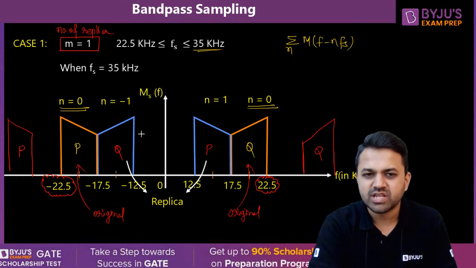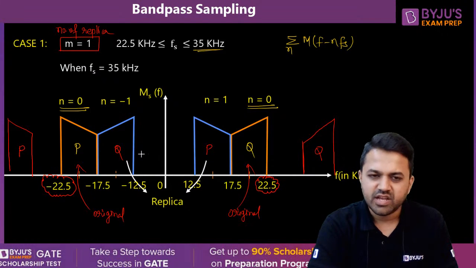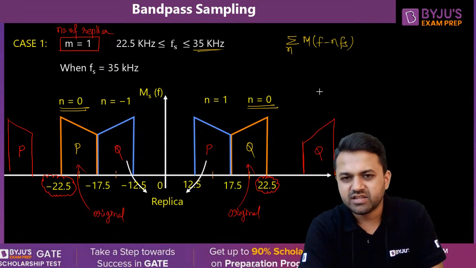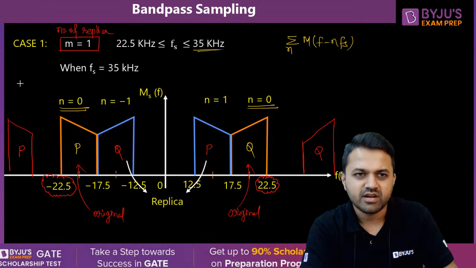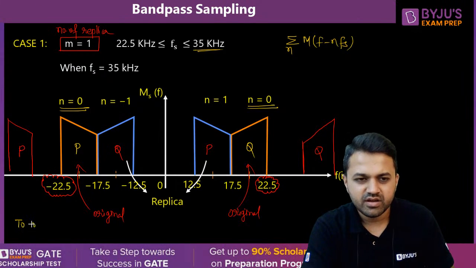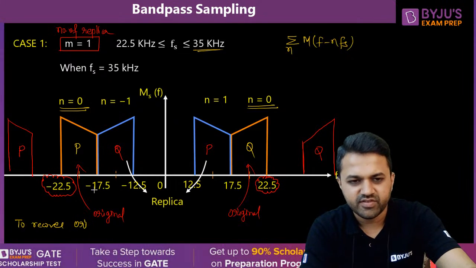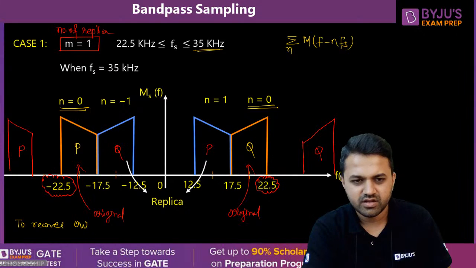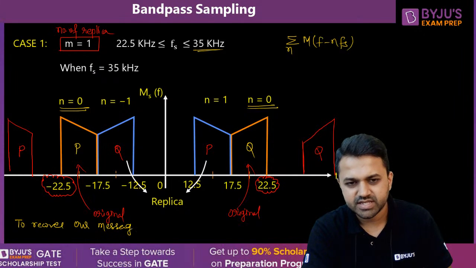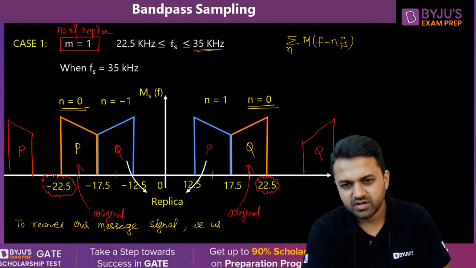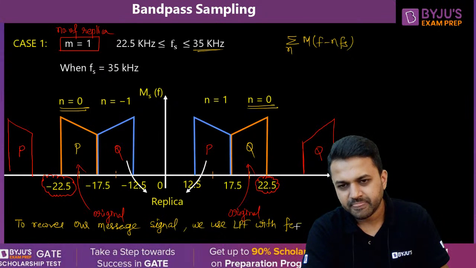Now I can use the low pass filter to recover our message signal, with a cutoff frequency of 17.5 kilohertz.